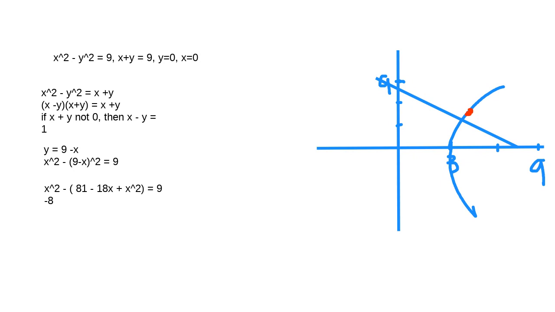Yes, right? So x equals 5. If x equals 5, y equals 4, because x plus y equals 9. Okay, so we get this point. So where those two intersect is, thank you, 5, 4. Right, so that's this point.